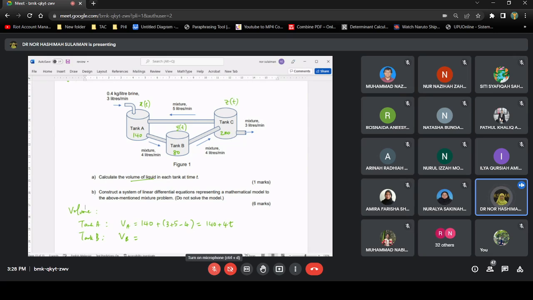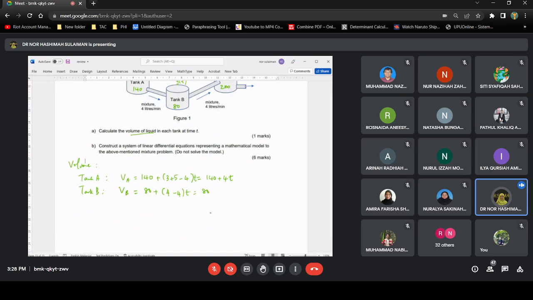Tank B. Okay, tank B, tengok tank B. Initial volume 80. Alright. The rate in daripada sini 4. 44 je berapa? 80 je. Kosong lah 44 dikosongkan. Okay, tank C. Kita buat VC. Okay, what's the initial volume? 200, right?